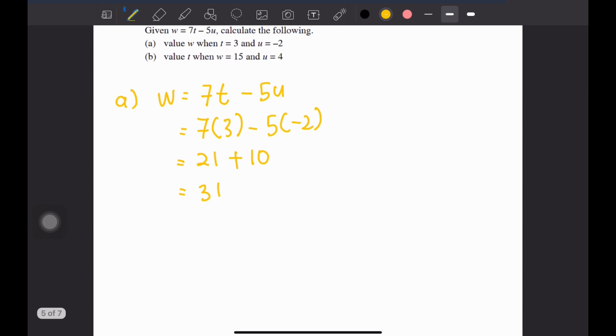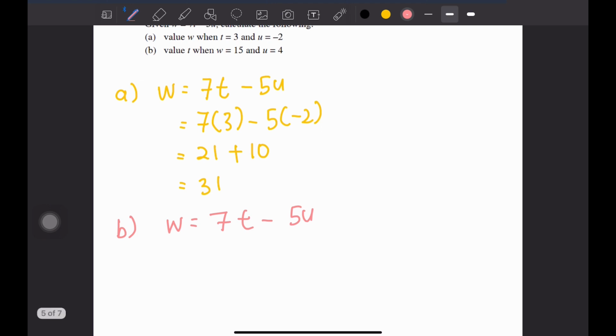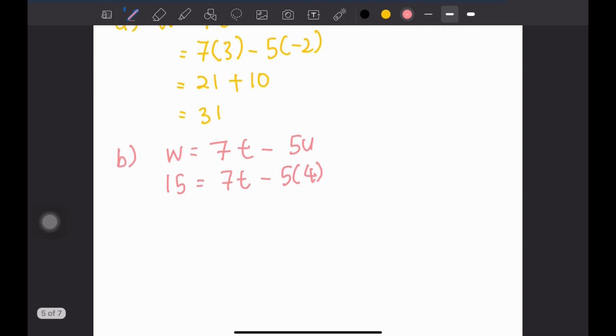Okay, next we have B. W is equal to 7T minus 5U. Value of T when W is 15. 7T minus 5U is 4. Now we want T, right? So rewrite it on the left.